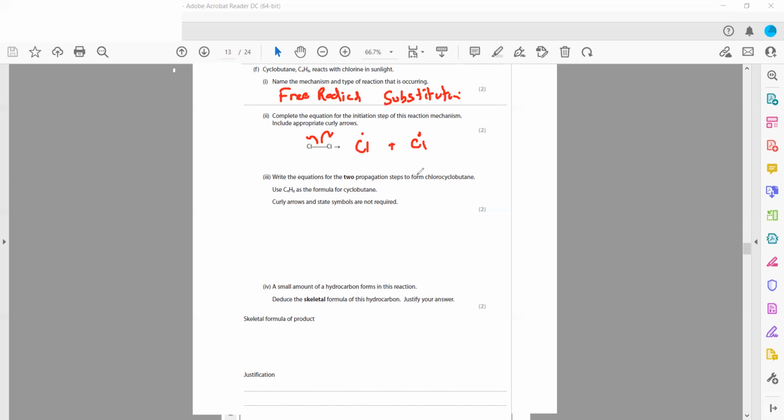Write equations for the propagation steps for chlorocyclobutane. C4H8 is the formula for cyclobutane, and curly arrows and state symbols are not required. Like, you don't have to show curly arrows and state symbols. So what will be the equation here? We have cyclobutane, which is C4H8.